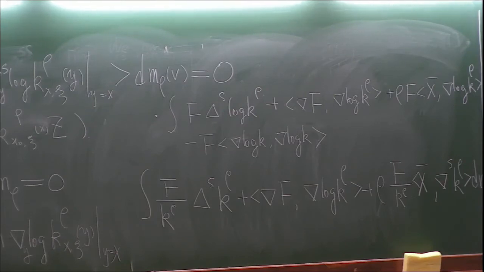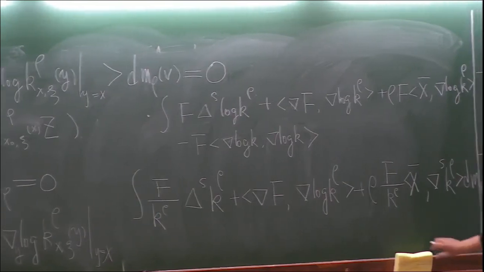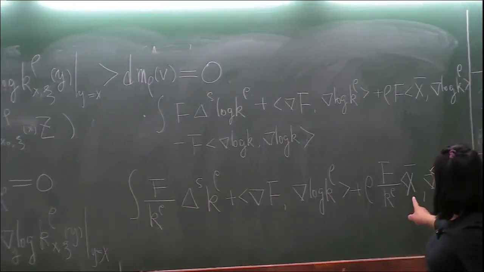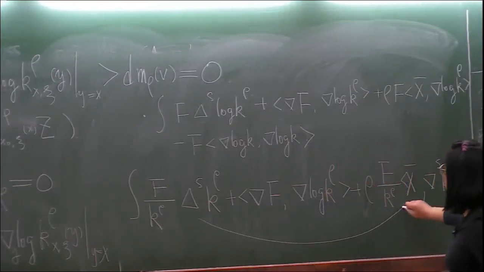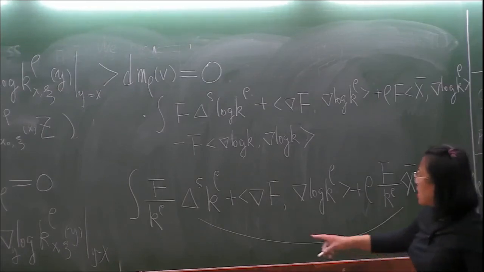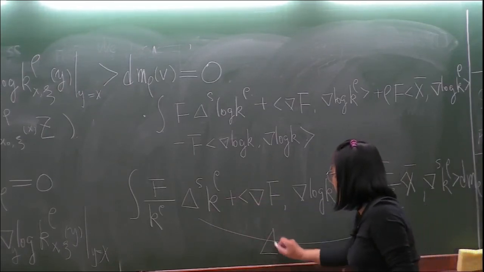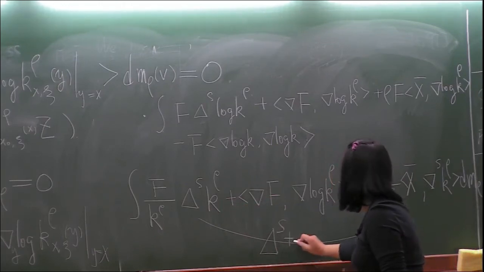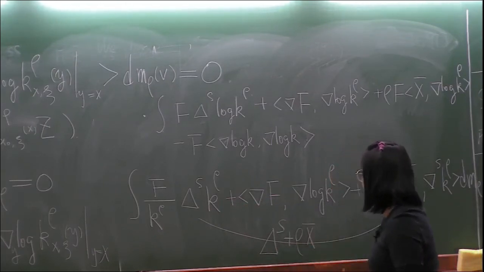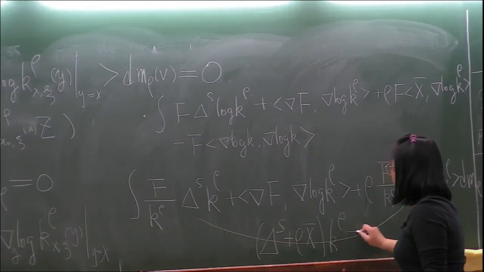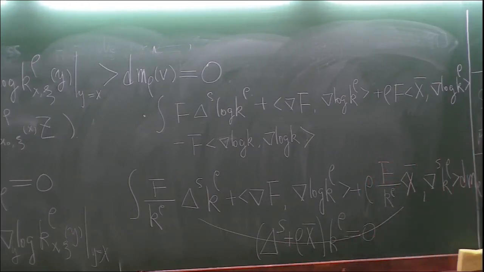Now you can group these two together, and then you use the property that this Martin kernel is harmonic for this operator. So Laplacian s plus rho x bar applied to your k rho equals 0. So this will disappear, and you only have one term left.